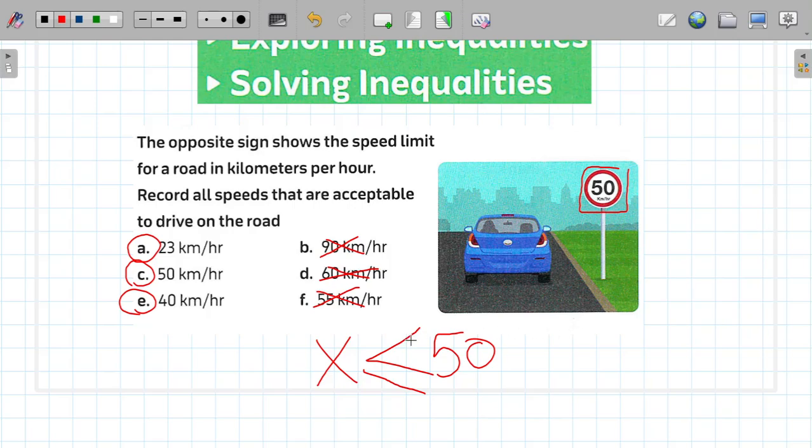So x will be less than or equal to 50. This is the inequality that expresses the situation that's on your screen right now.